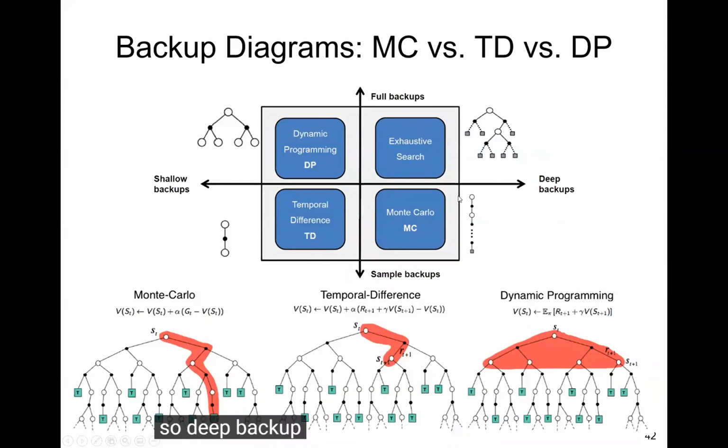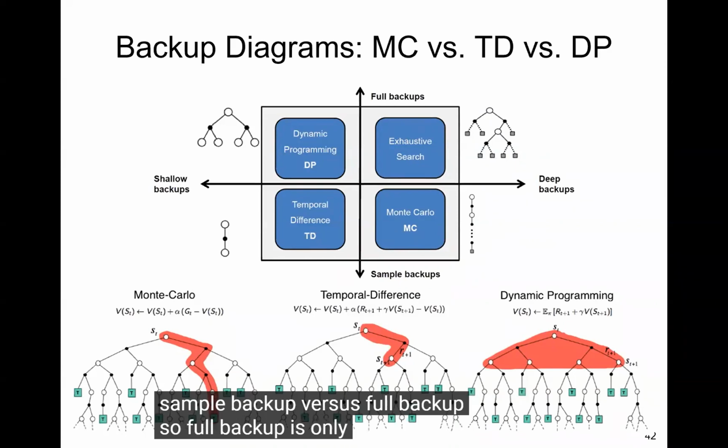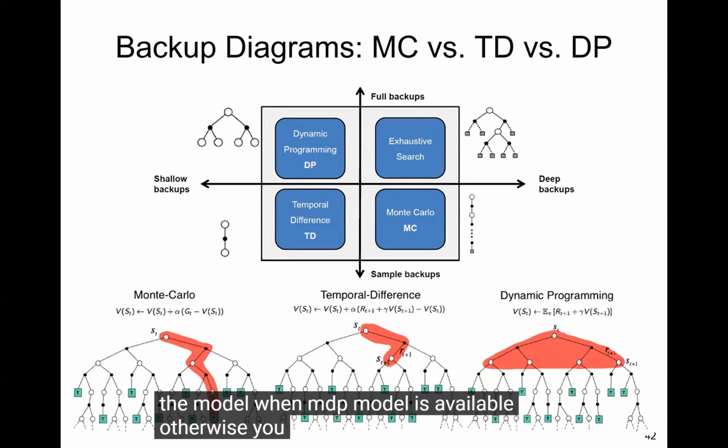So deep backup versus shallow backup, and sample backup versus full backup. Full backup is only possible when an MDP model is available. Otherwise, you can only do sample backup for model-free.